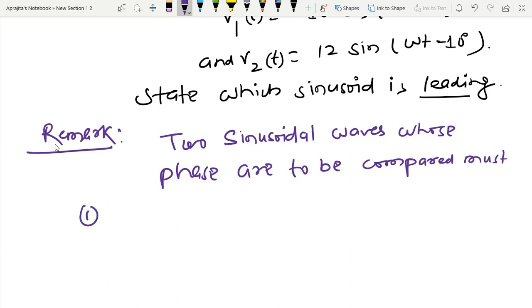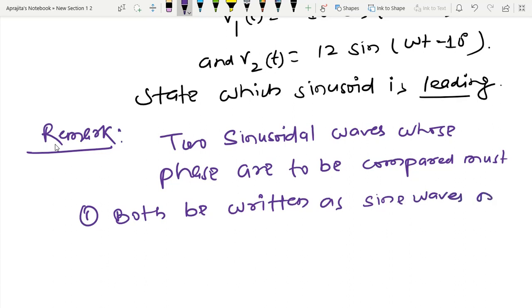First point: both must be retained as sine waves or both as cosine waves. So you can represent the signal in sine or cosine.